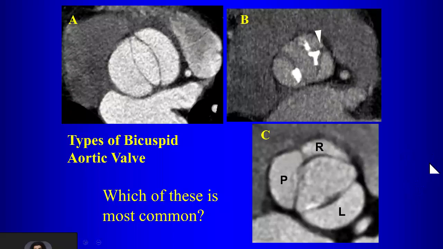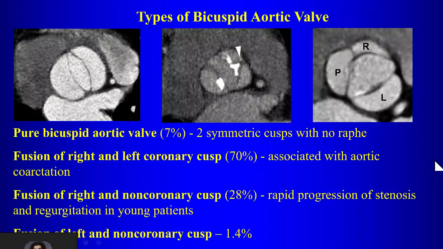Of these 3 different combinations, which one is the most common? B is the most common, right. So the pure bicuspid aortic valve, when we have symmetric cusps with no raphe, is actually a small percentage. Fusion of the left and right coronary cusps, that's about 70% of bicuspid aortic valves. And then fusion of the right and the non-coronary cusp, which is what you see here, is about 28%.